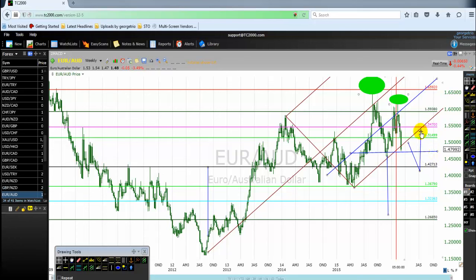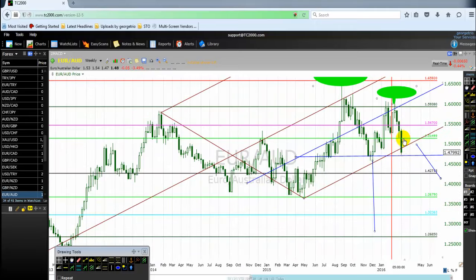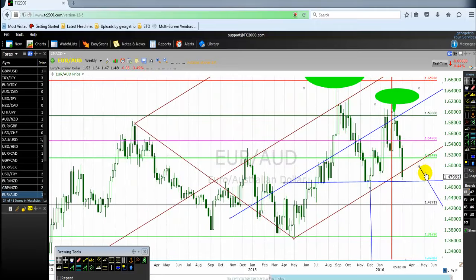Or there's another scenario where the price, as you see now, is below the pitchfork tool. It may go down a little bit more, something like this, a little below that level of 14799, and then come back up to retest the edge of the pitchfork tool before trying to break below the neckline.